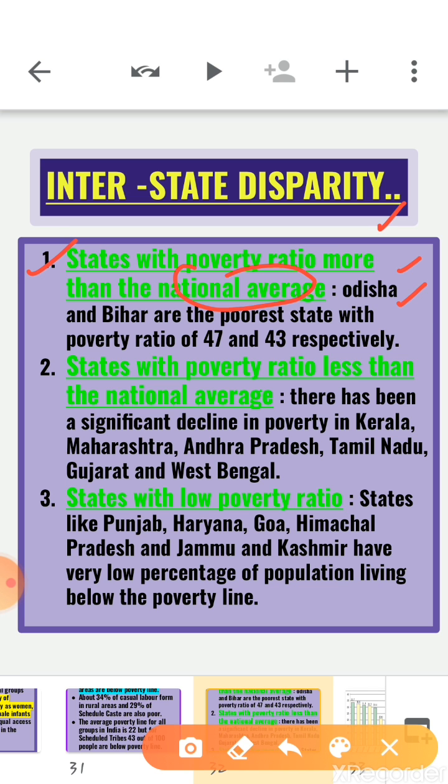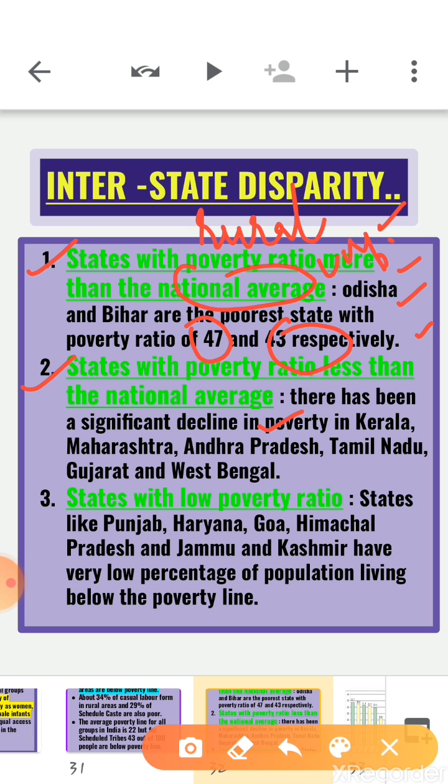Odisha and Bihar are the poorest states, with poverty ratios of 47 and 43 respectively. Most of these states are facing rural as well as urban poverty. Clear?